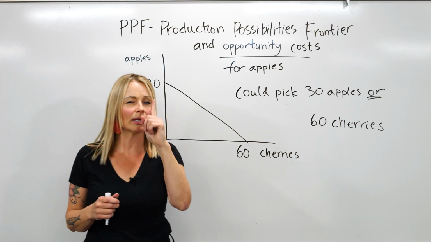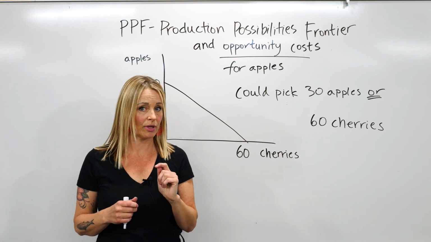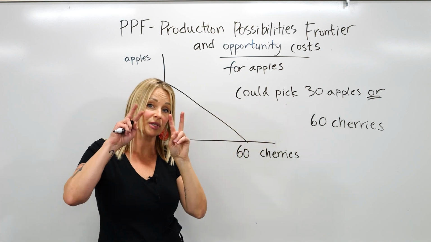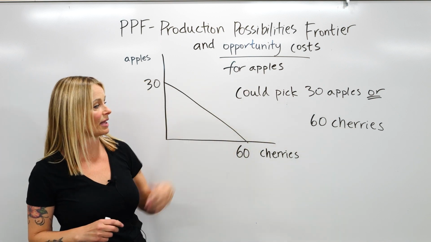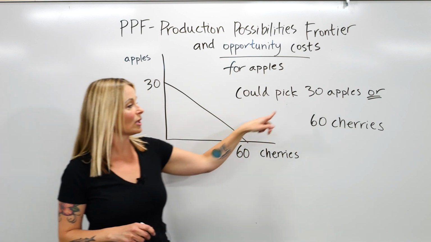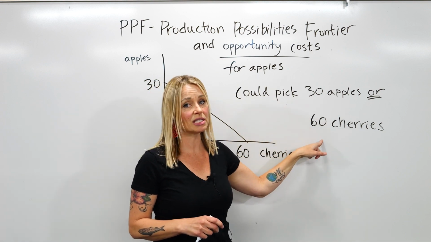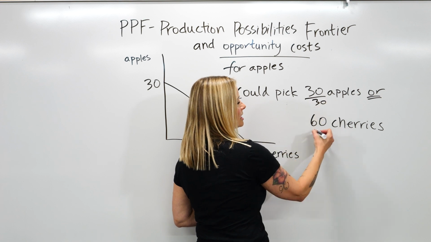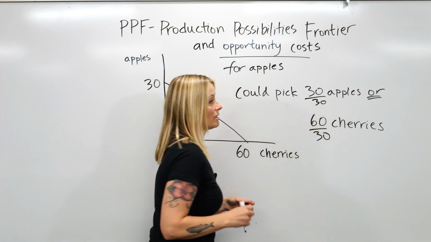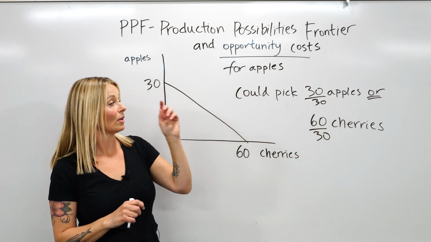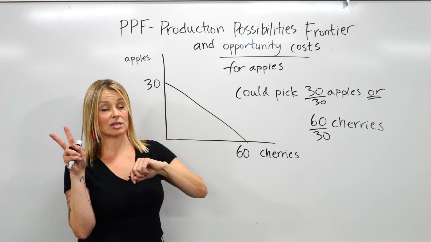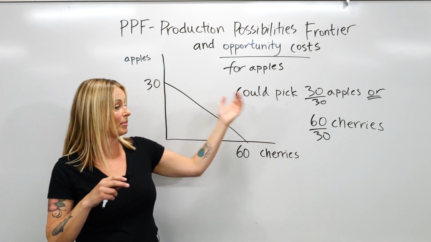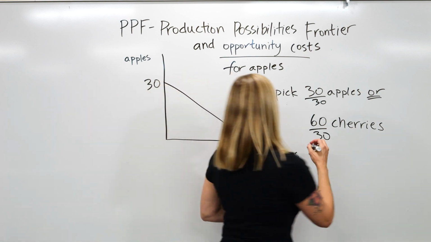So if we picked one more apple, how many cherries are we giving up? We're basically going to divide by 30 on both sides, inside of this sentence. We could pick 30 apples or 60 cherries, but if we're interested in one apple, let's divide both of these amounts by 30. Then we get that we could pick one apple or 2 cherries. So if we wanted to pick one extra apple, we're giving up 2 cherries because of this division.